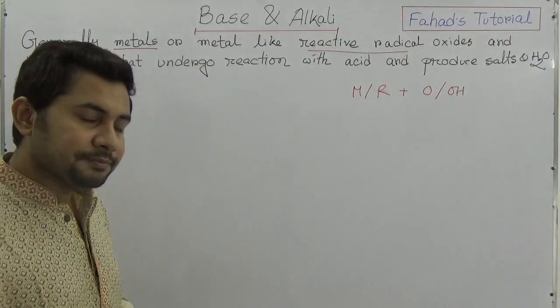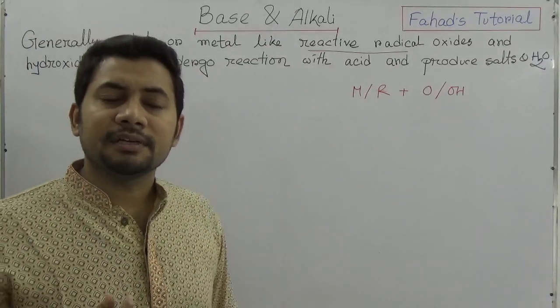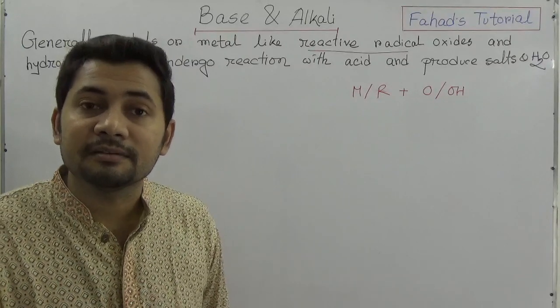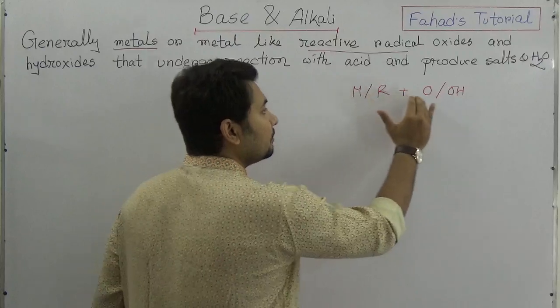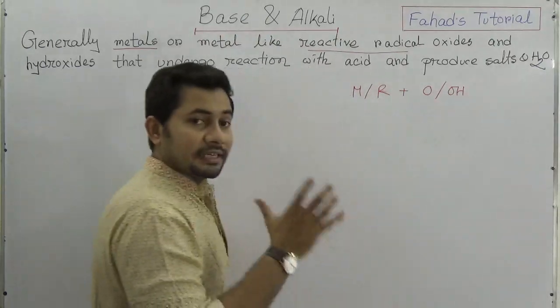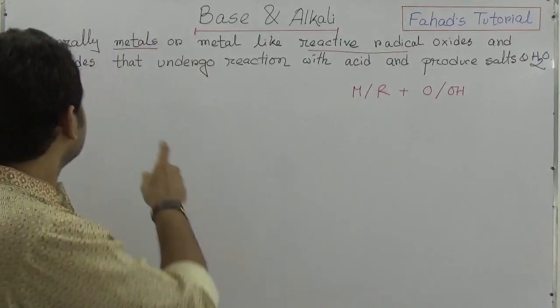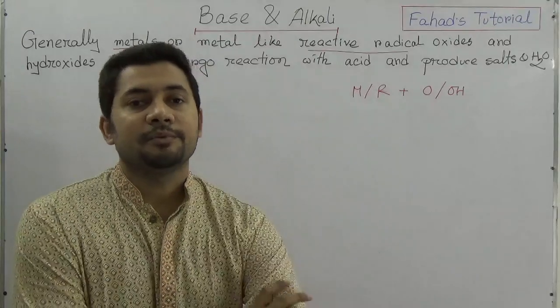We know the reactivity series of metals, like sodium, potassium, magnesium, calcium, aluminium, zinc; these are the reactive metals. And with these oxides and hydroxides, if it combines, the compounds undergo reactions with acid and produce salt and water.